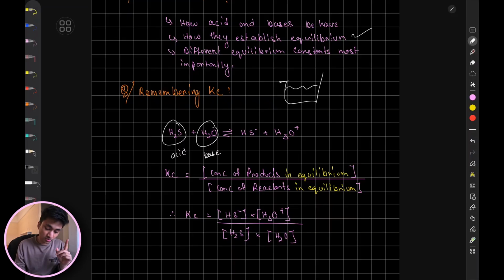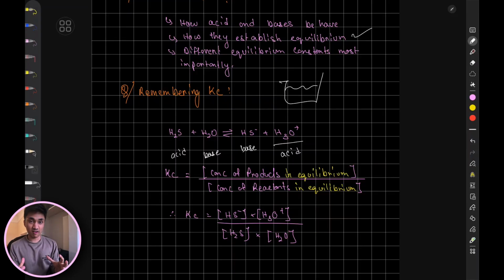And in the backward reaction, what's happening? HS- is going to act like a base, because in the backward reaction it gains the H+. And again in the backward reaction, H3O+ is going to donate the H+, so it is the acid in the backward reaction. Now, in this solution there are reactants and there are products.